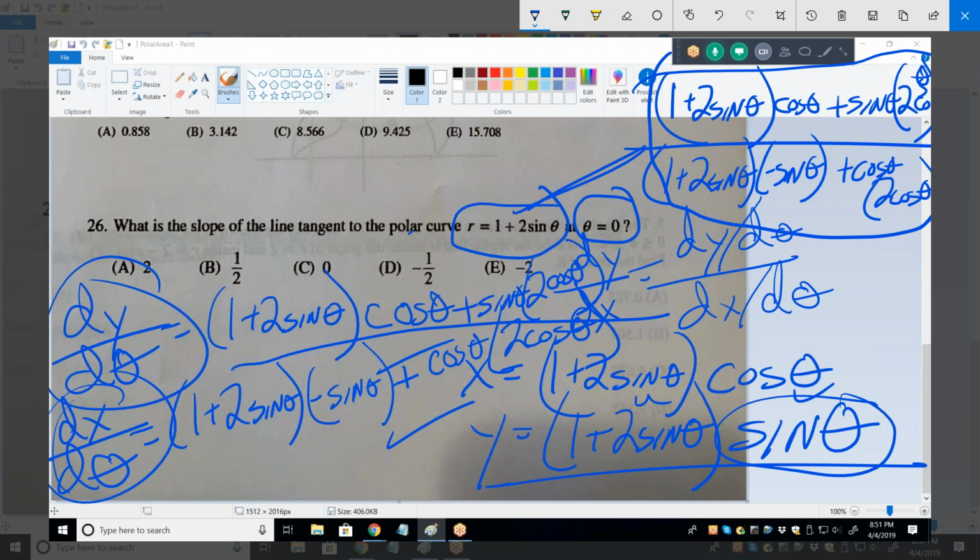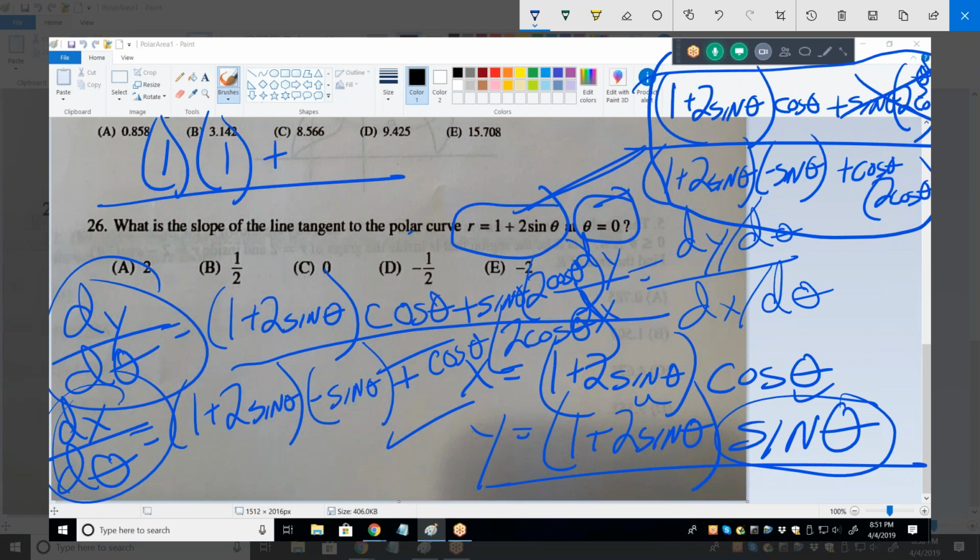We're evaluating it at theta equals 0. So now plug in theta equals 0. What do you get? Sine of 0 is 0. So we get 1 times cosine of 0, which is 1, plus sine of 0, so this whole term disappears, right?